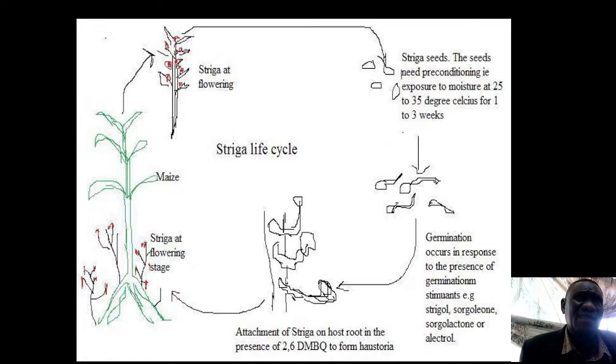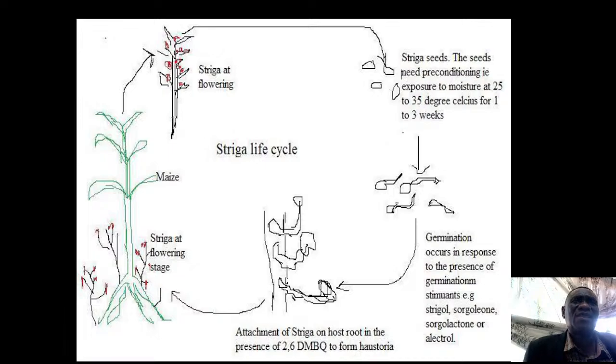But before that, the host has to produce what are known as the germination stimulants. These germination stimulants are a variety of compounds. Some of them which have been identified are as follows. We have strigol. Another one is sorgolion.